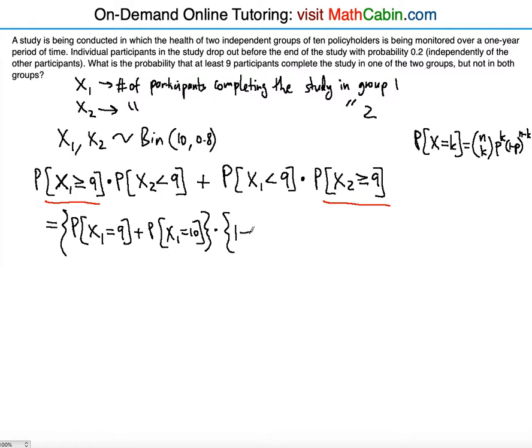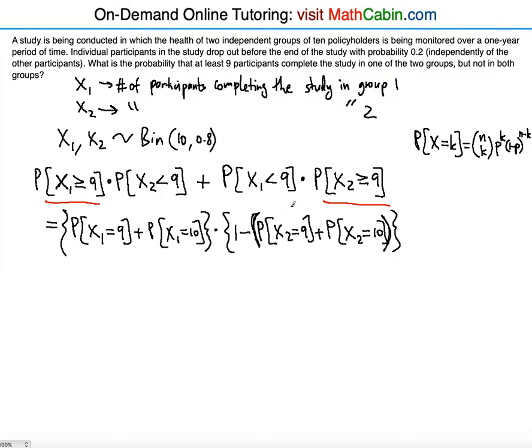We're just going to subtract the cases for the second group: the probability of x2 being equal to 9 plus the probability of x2 being equal to 10. So this is what we're trying to subtract from 1, and that way we'll find all the cases from 0 all the way to 8. Okay, so now how do we find this? And notice that I'm not touching this part yet.